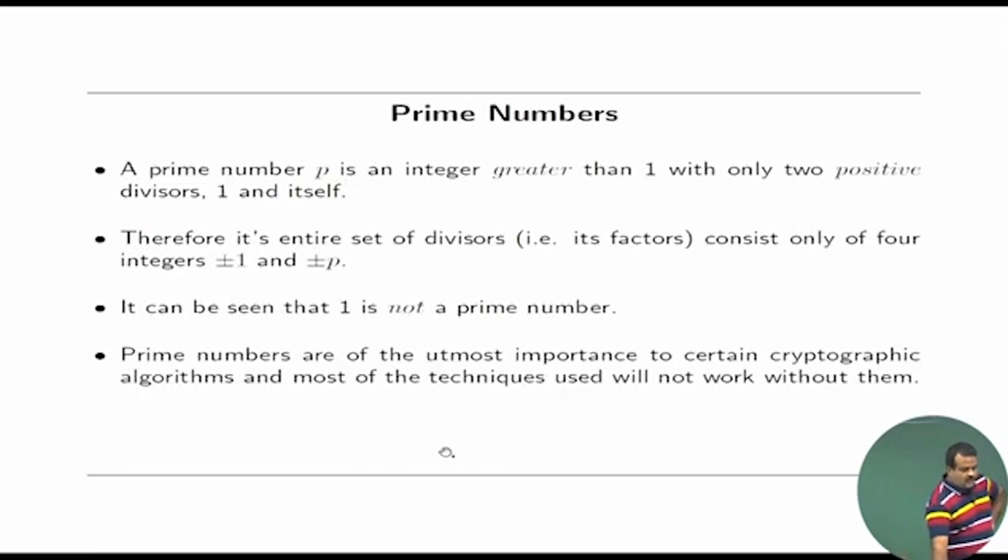So, let us start with the prime number. What is a prime number? Basically, it is an integer greater than 1 which has only two positive divisors, 1 and itself. An integer is called a prime if it has no other divisor, where a divisor means it divides that number.